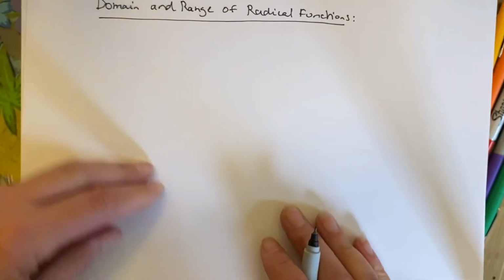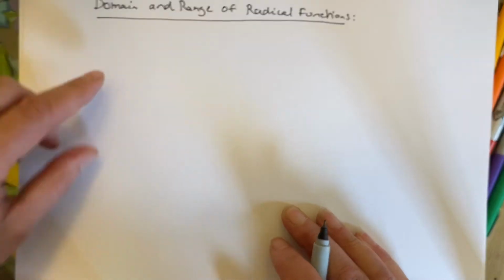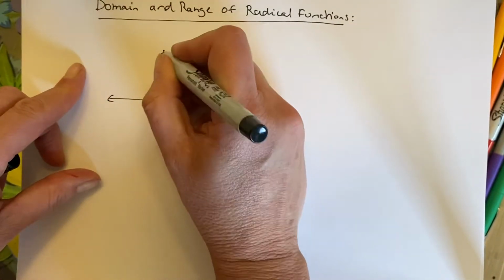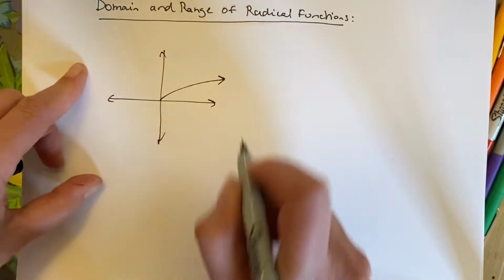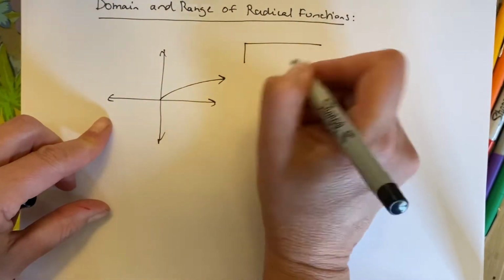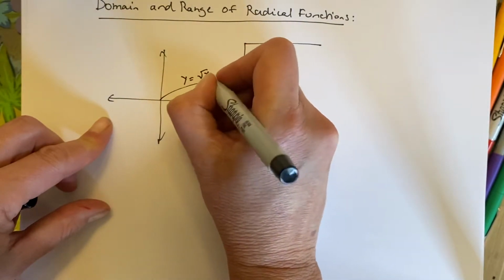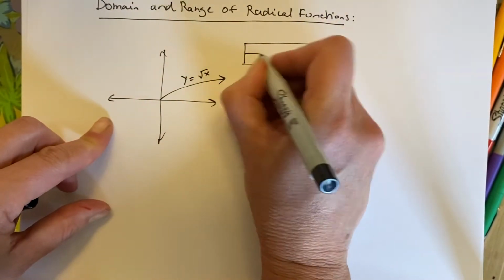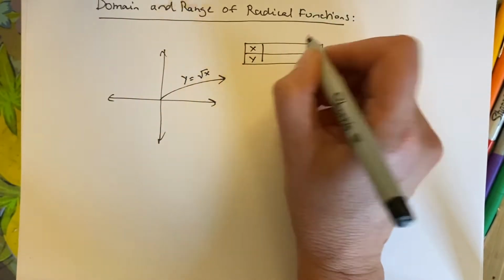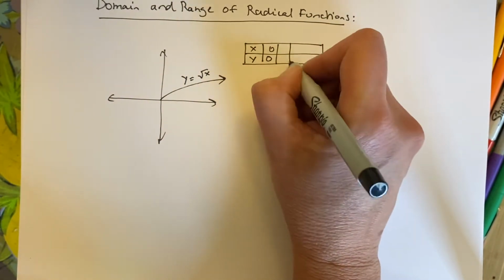Now, domain and range are extremely important here because if you saw with a parent function, and I'm not going to draw all the numbers, it looked like this. And you can see right away that when I drew my table, and this is y equals square root of x, that's because I am ending up with positive numbers, right?